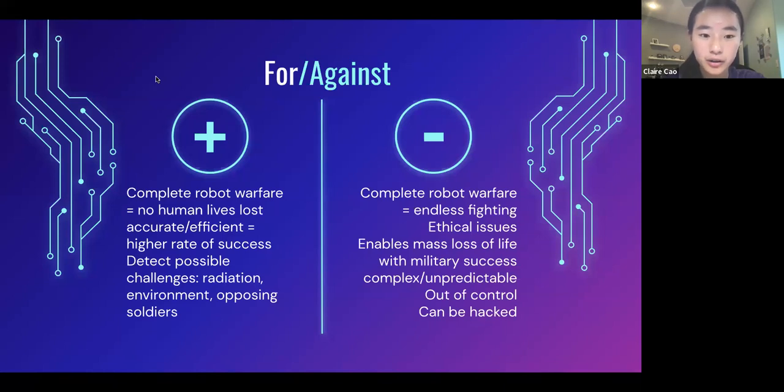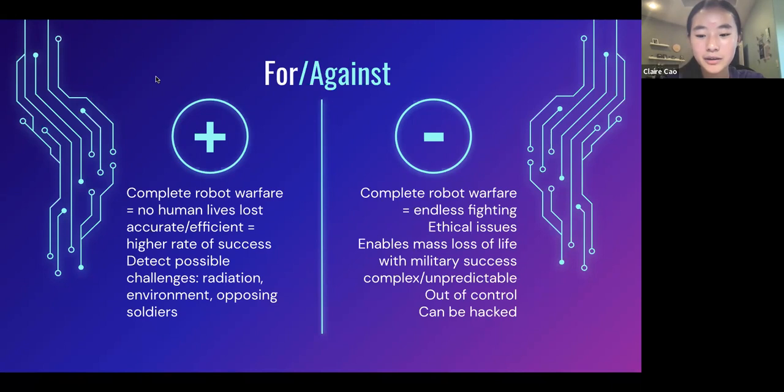Just as nuclear weapons were a huge advancement for humanity, they also allow a lot of loss of life, radiation, and harm to the environment. Nuclear bombs in general cause a lot of mass destruction. And just like that, robots can be really helpful. Robots are a major technological advancement, but they can also enable a lot of suffering.